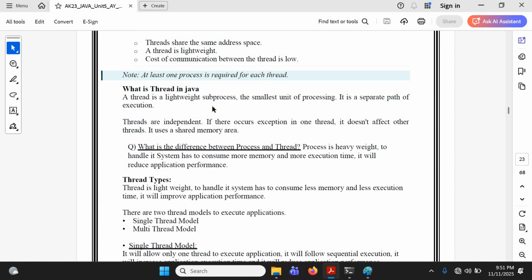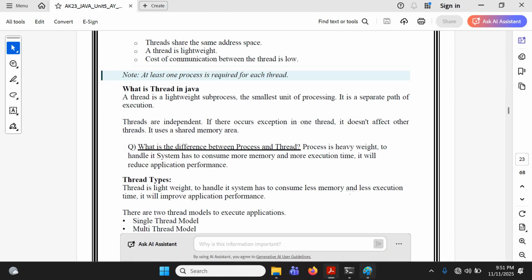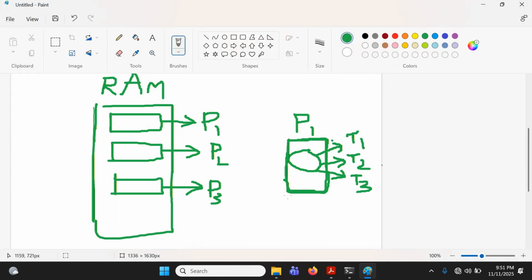I told you already that a process is a program under execution and a thread is a subprocess. That means for the existence of a thread, there must definitely be a process. Without a process, there is no thread.